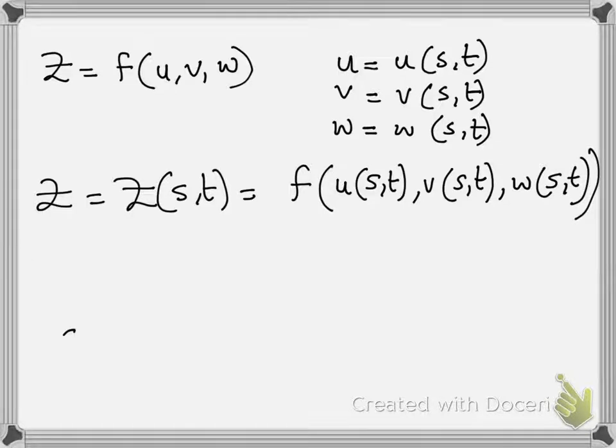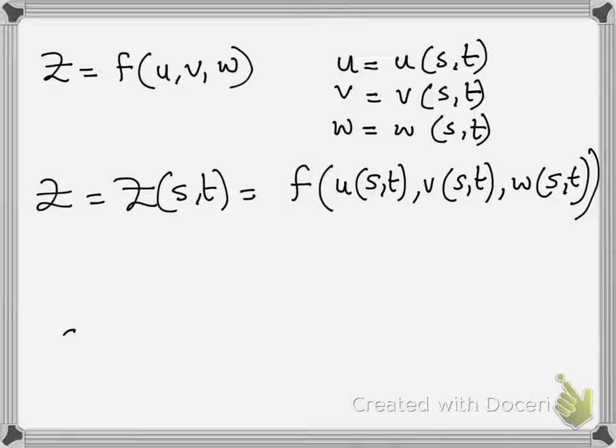Now z is a function of s and t, because u is a function of s and t, which means you can replace u in terms of s and t. You can also replace v in terms of s and t, and the same for w. So you can replace everything in terms of s and t, and you end up with a function of s and t.